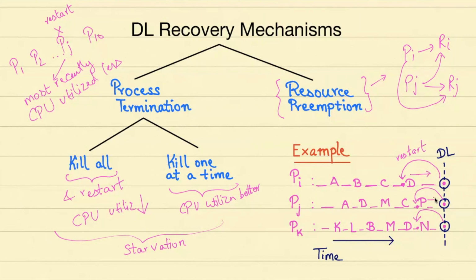All the processes will move forward again, requesting all the resources. If there is a deadlock here again, I will preempt here now for all the processes Pi, Pj and Pk. Again I will restart from here. Similarly, this continues till the deadlock is recovered. So this is how resource preemption acts.